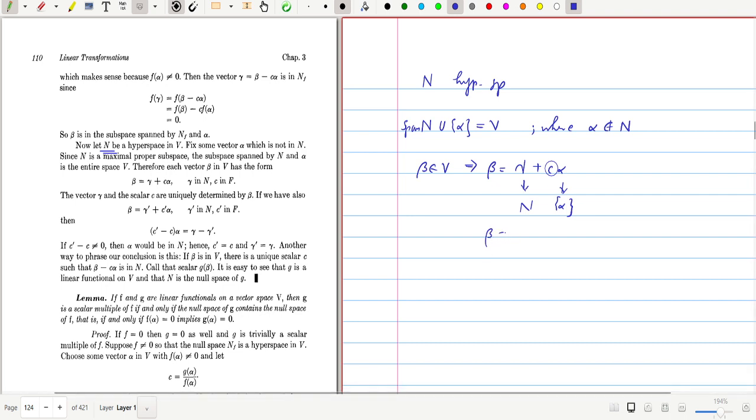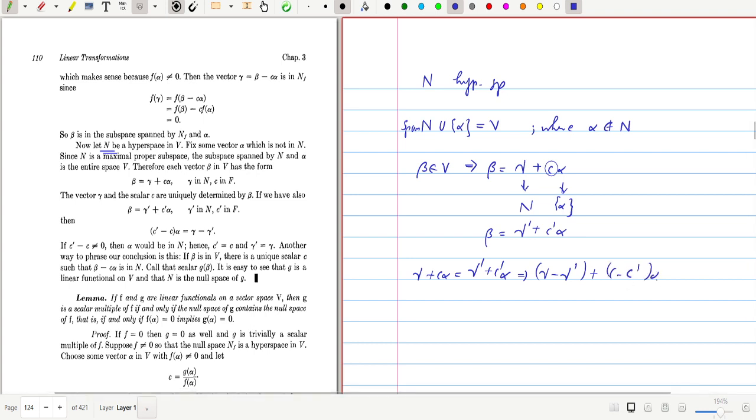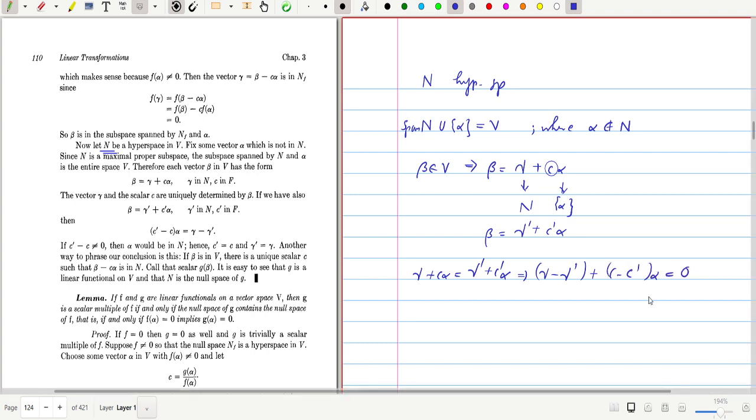if this beta has another expression like this, say gamma prime plus C prime alpha, then you can easily equate this gamma plus C alpha with gamma prime plus C prime alpha. So this implies gamma minus gamma prime plus C minus C prime times alpha equal to 0.